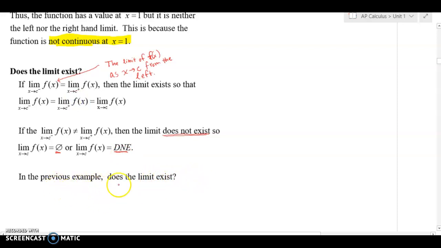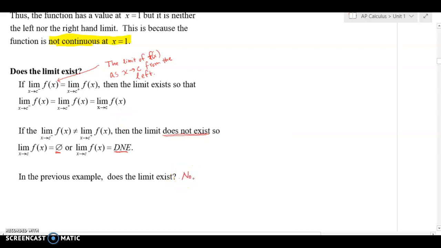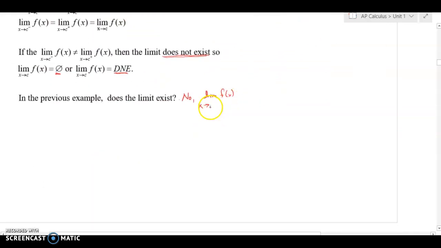And then it says in the previous example, does the limit exist? So we can answer this question. We can say no. The limit of f of x as x approaches 1 from the left is not equal to the limit of f of x as x approaches 1 from the right.